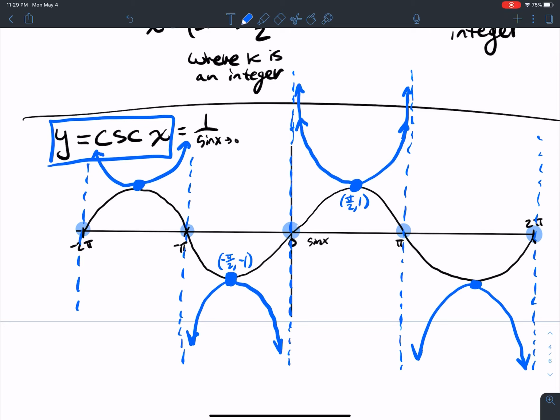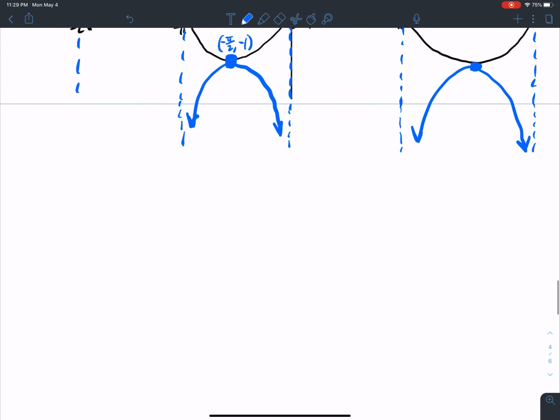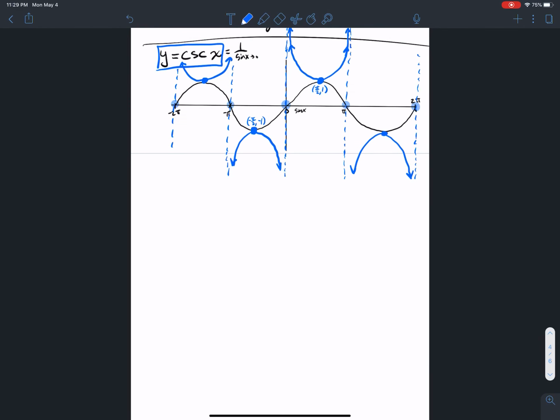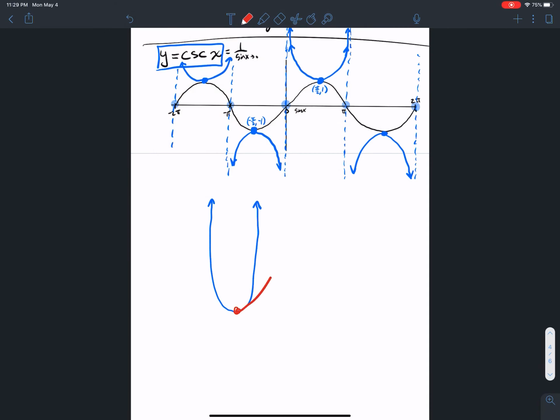Now, these curves kind of look like parabolas, but I'm going to caution you, these are very different from parabolas. If I zoomed out really far, this would look kind of like this, whereas a parabola looks more like this.